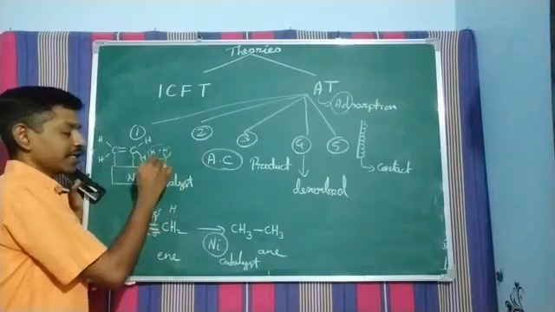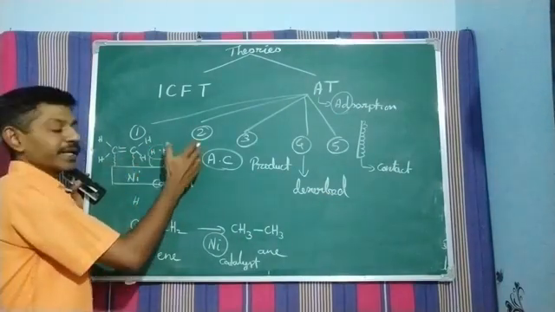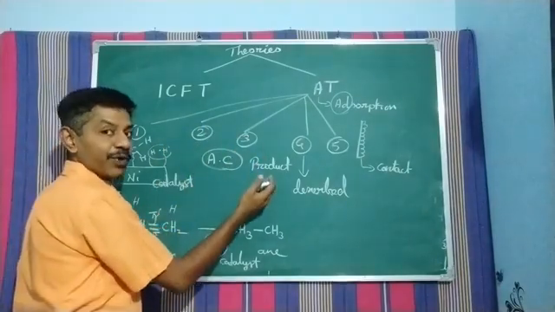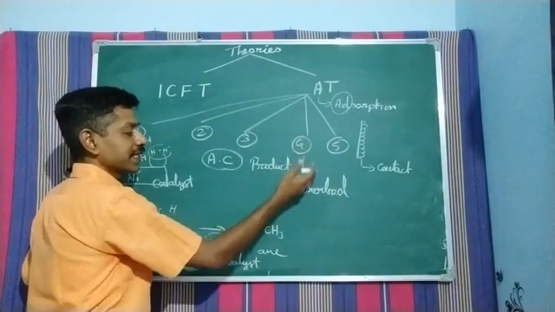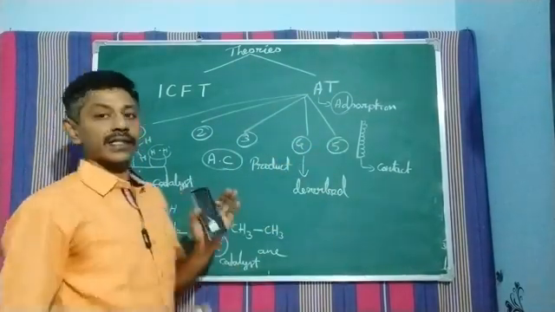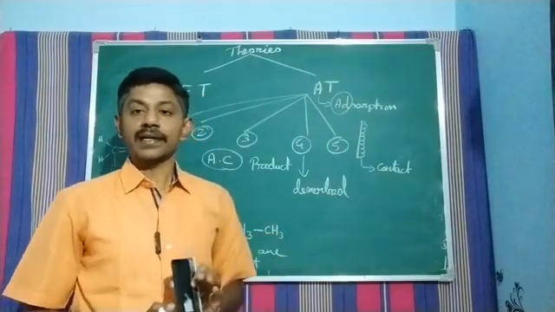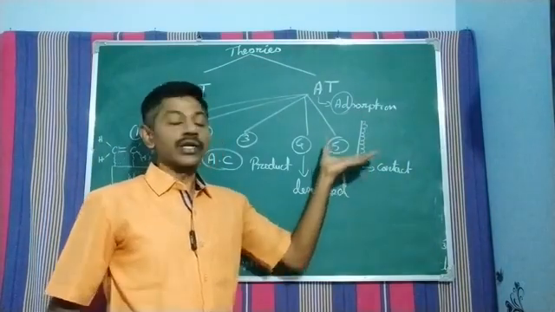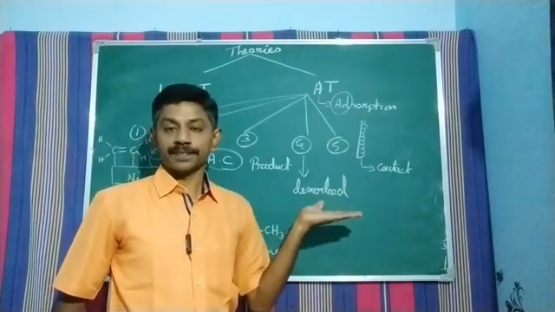Second step, joining to the surface and forming an activated complex. An activated complex gets converted into a product. Then the product is getting dissolved from the surface, and finally the products leave the place of the catalyst and diffuse as product. This is how the adsorption theory works.